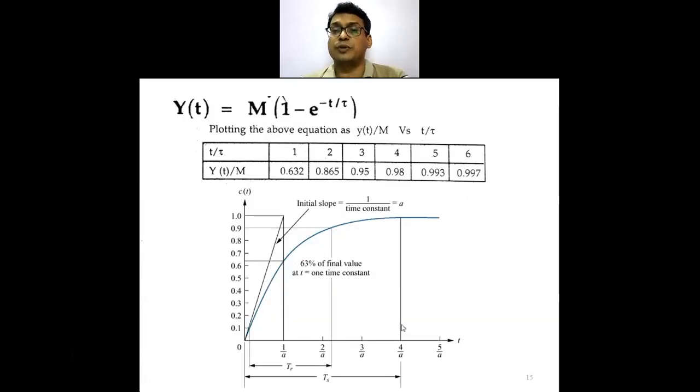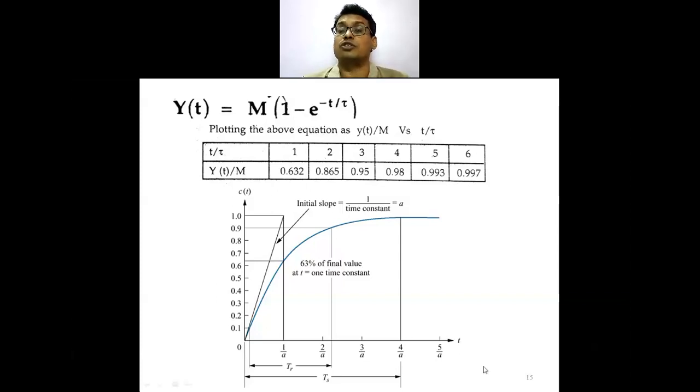We assume that 98% is more than sufficient. The body temperature has reached 98%, so I have attained fulfillment. Now the question is how long I should keep the thermometer in contact with my body. That is 4 time constants.